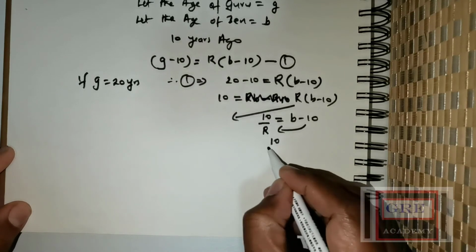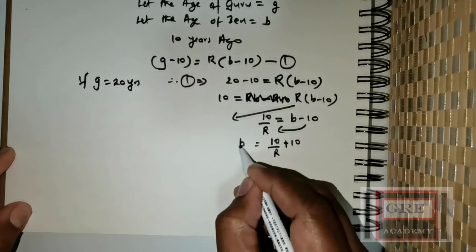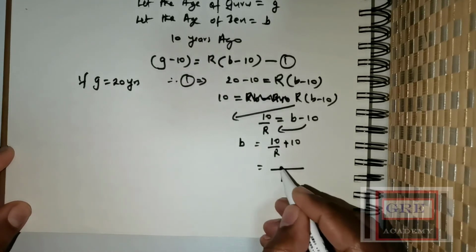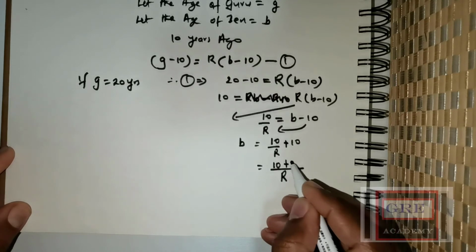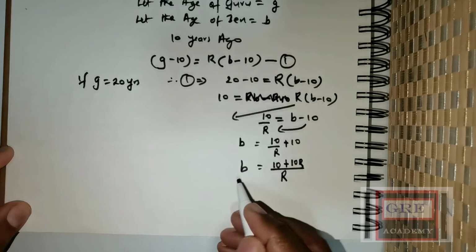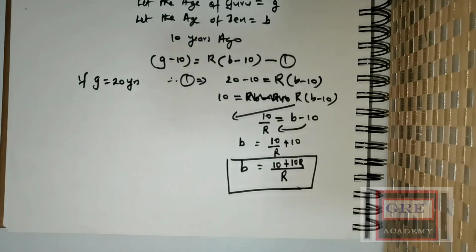So this is going to be 10 over R plus 10 is equal to B. I can write it taking R as the LCM. So that's going to be 10 plus 10 times R, over R, is equal to B. So this is the required expression you need to have for this question.